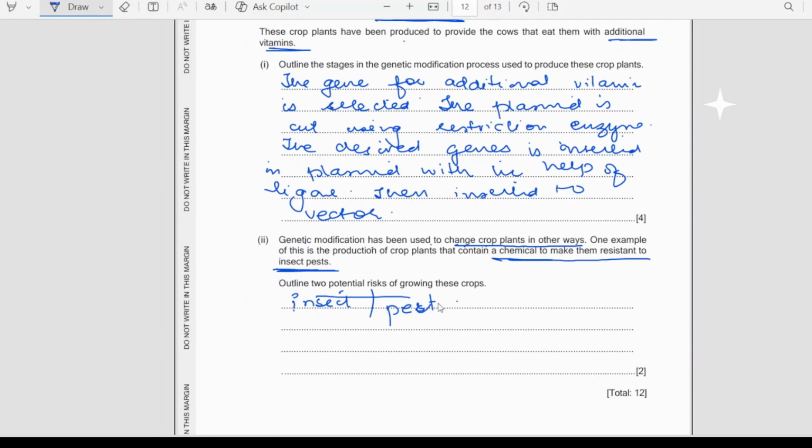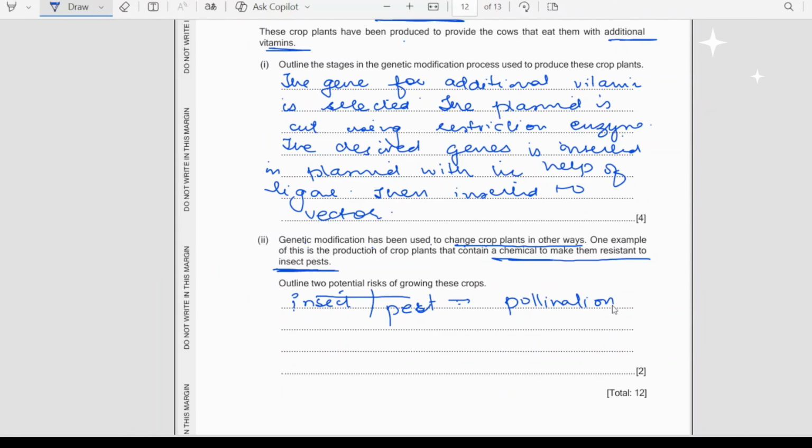If they become resistant to insect or pest, if the insect or pest cannot feed on them, what is the ultimate process that stops? If there is no insect, there isn't any pollination. Simple. So if the plant becomes resistant to insects, the insect may die after eating that chemical, right? So if there is no insect, there won't be any pollination. If there is no pollination, it means there won't be transfer of pollen from one area to another.